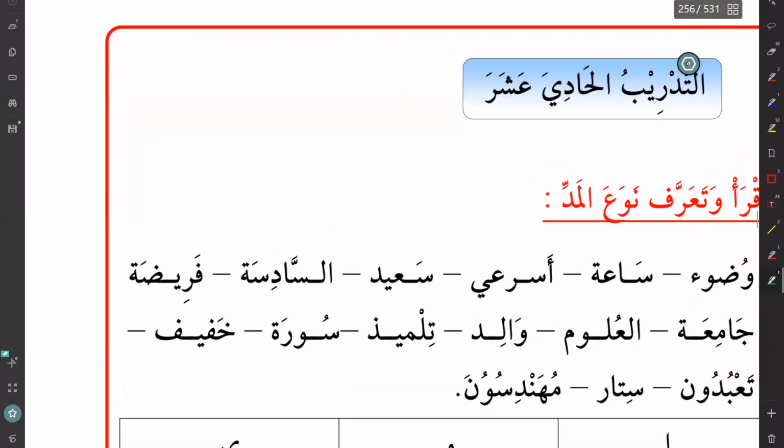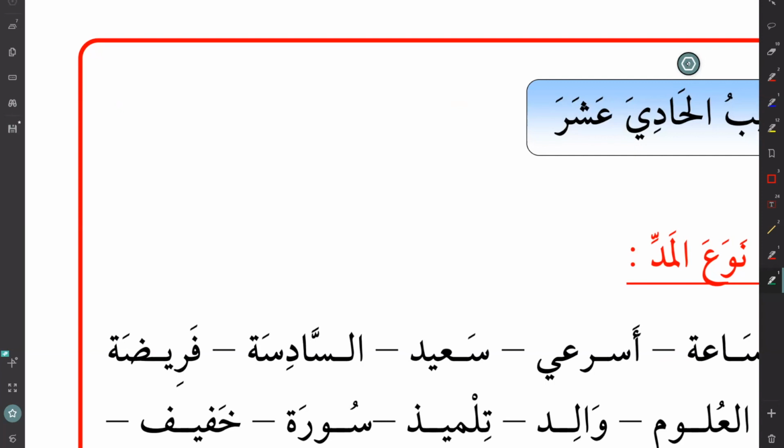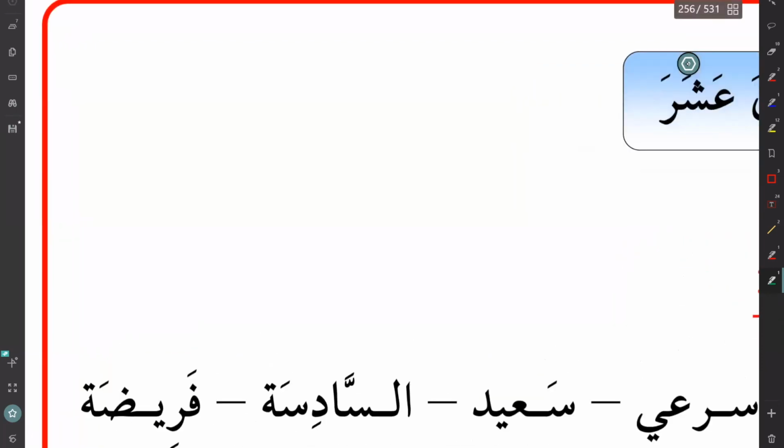There's only one type of madd, one type of prolongation. When you study tajweed in the Quran, then you understand there are many types of prolongation, like you may stretch a sound for many different lengths. But in spoken Arabic or standard Arabic, there's only one. And how does it happen? When do you do it?